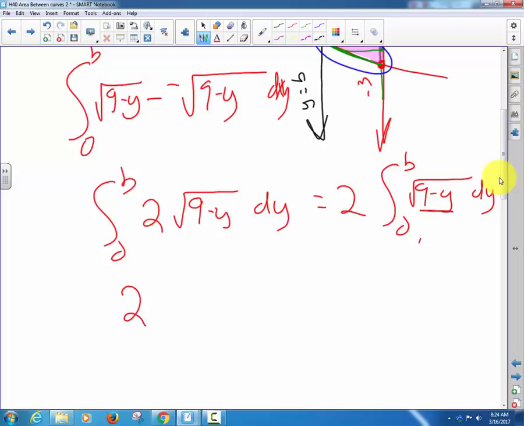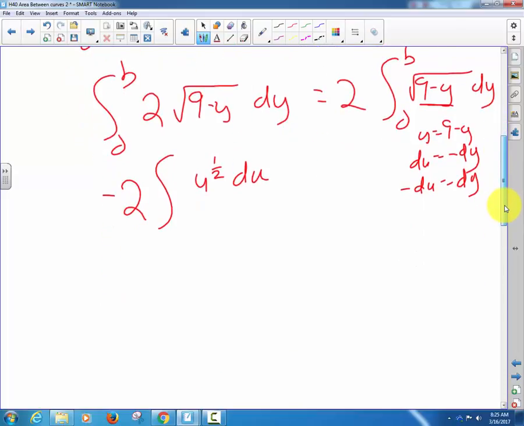Well, I'm going to say u is 9 minus y, so du is negative dy. I don't have a negative in there, so I'm going to move the negative over. Negative du equals dy. So now when I'm plugging in, it's a negative 2 on the outside. We're integrating u to the 1/2 du because I'm putting 9 minus y in there.